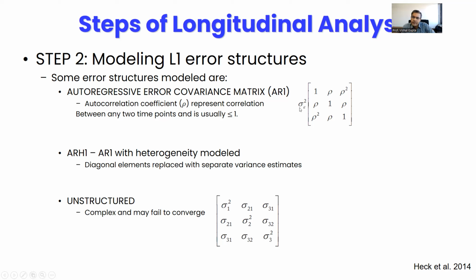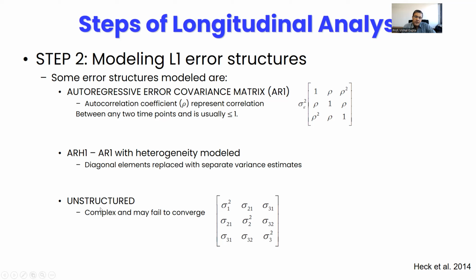The problem is you have the diagonal variances all the same as sigma square E, which is again not a very good thing because we are saying there is no heterogeneity. So there is an additional option, ARH1, AR1 with heterogeneity modeled. So now we are saying that the diagonal elements are replaced with separate estimates.